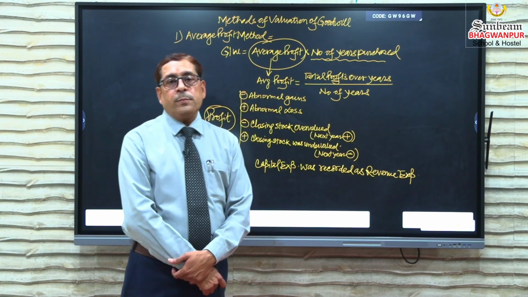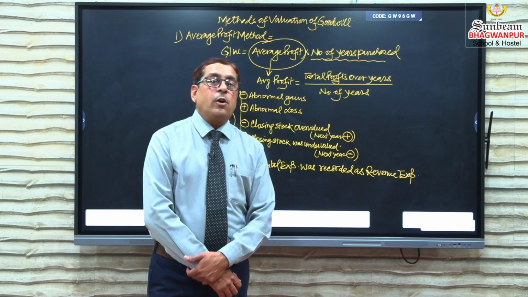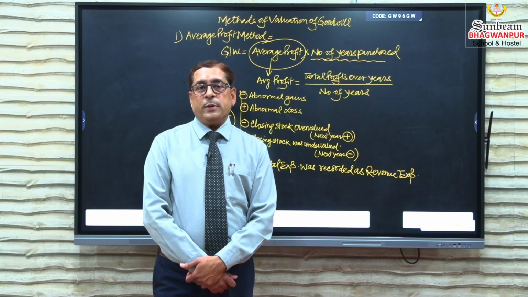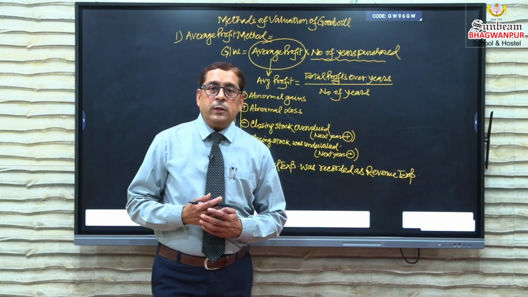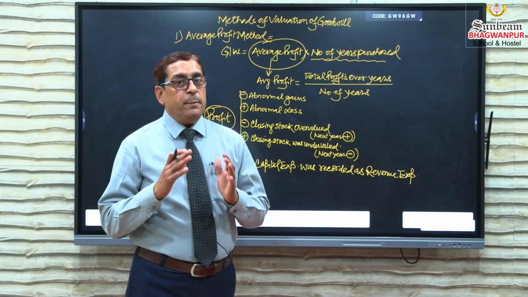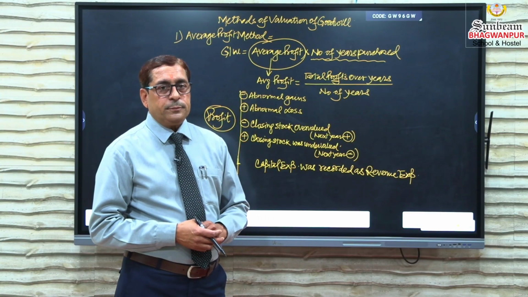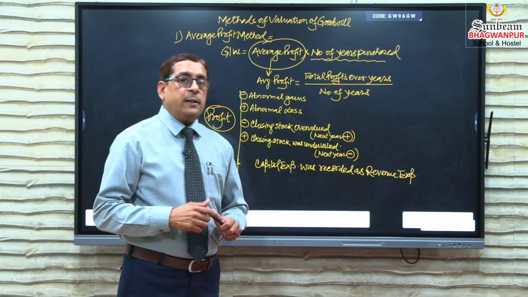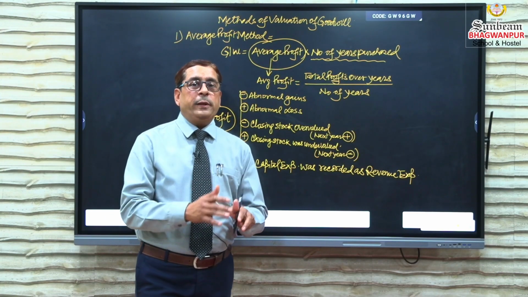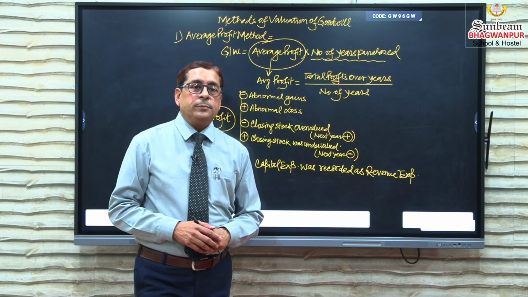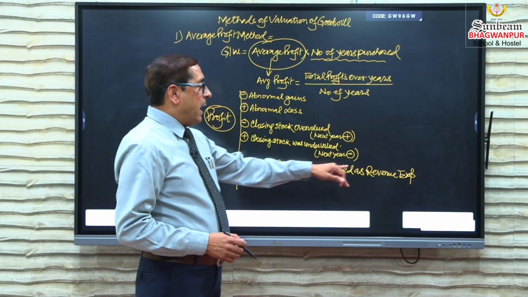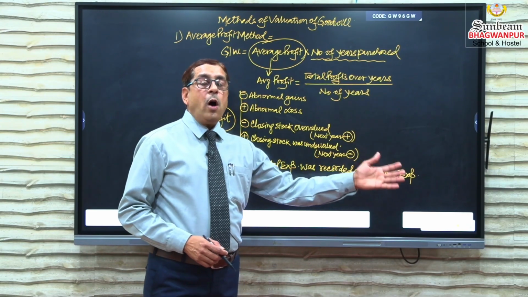For example, we have purchased a computer and recorded it as office expense. Again, think over it, what will be the impact on the profit? You have purchased a computer, that is an asset, that should be recorded in the balance sheet. But by mistake, you have recorded it as revenue expenditure, say office expenses.